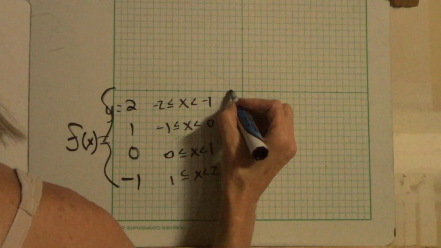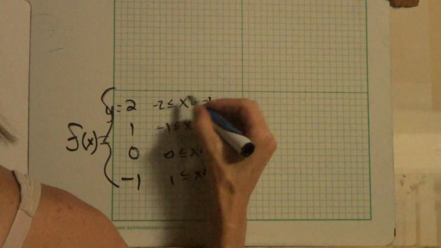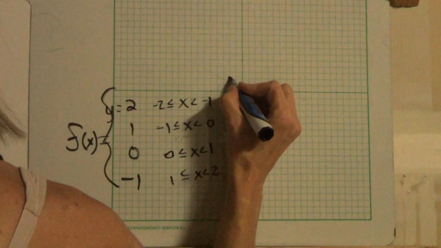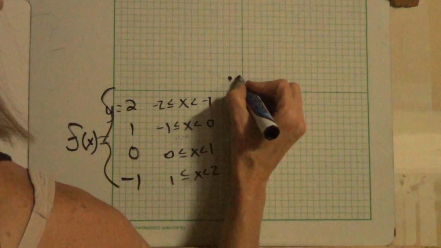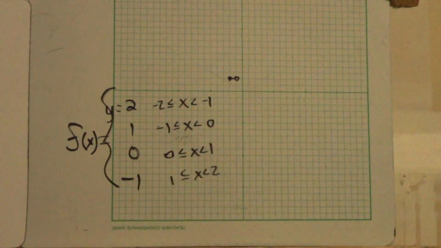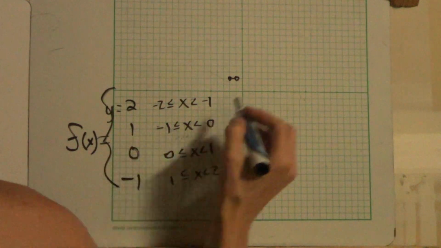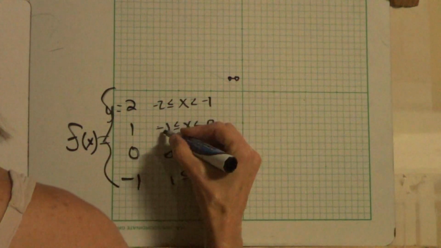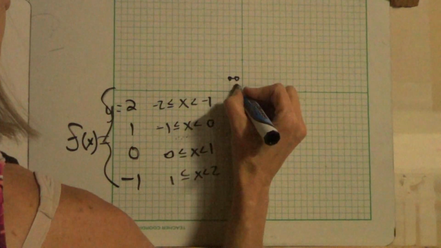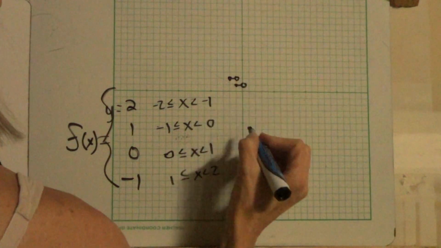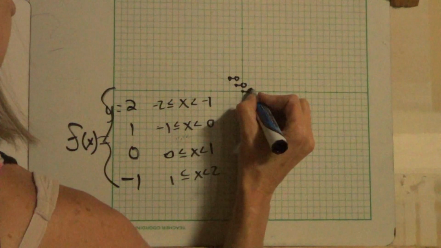So where x is negative 2 is a closed circle. Where x is negative 1, it's open. So it looks like that. Then f of x equals 1 for negative 1, 0. So that's what this looks like.